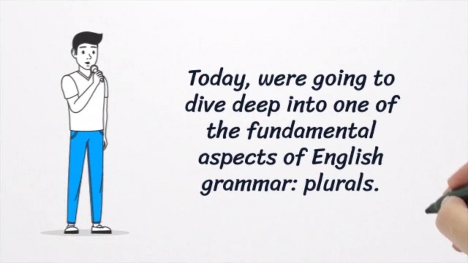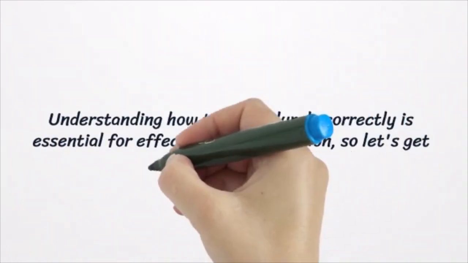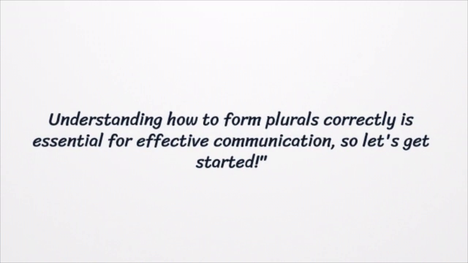Today, we're going to dive deep into one of the fundamental aspects of English grammar, plurals. Understanding how to form plurals correctly is essential for effective communication, so let's get started.